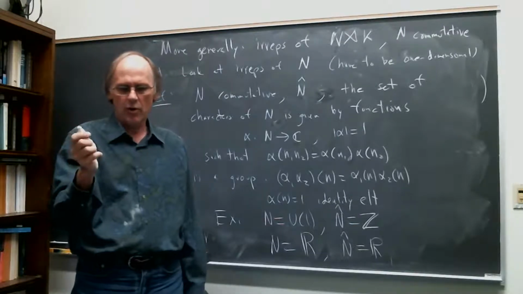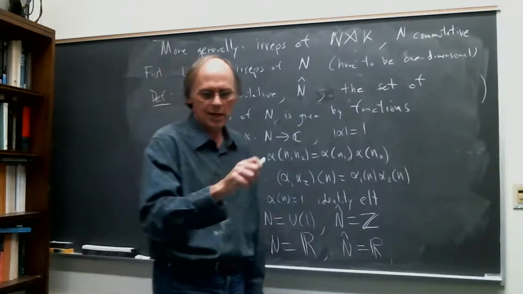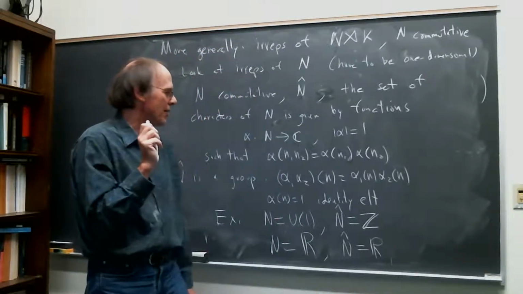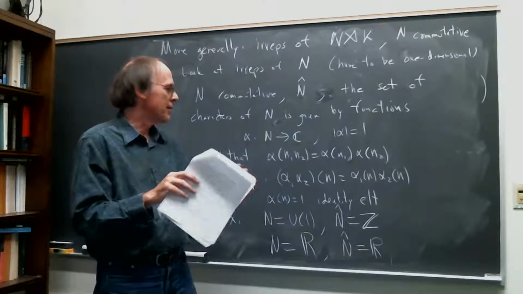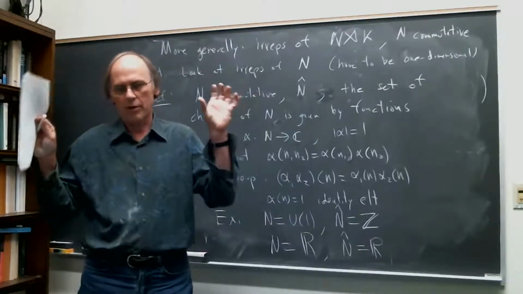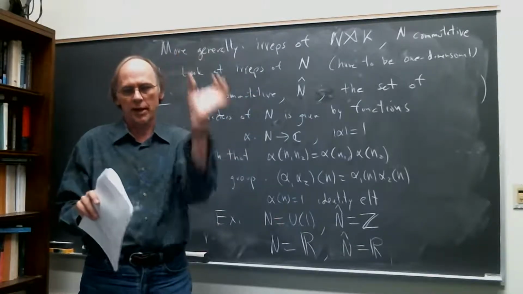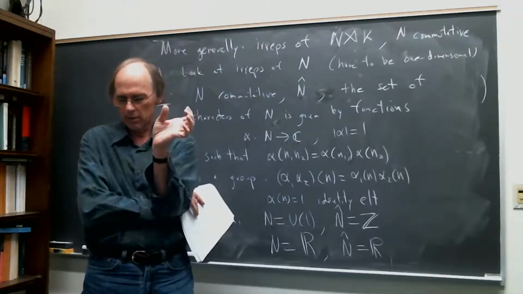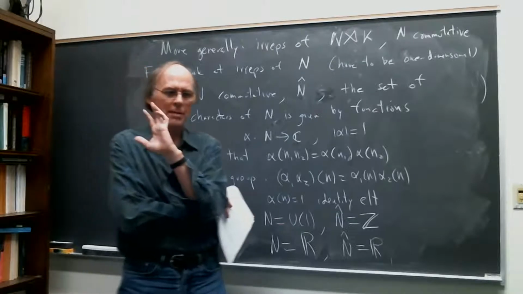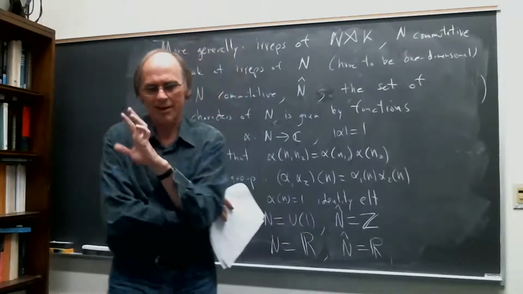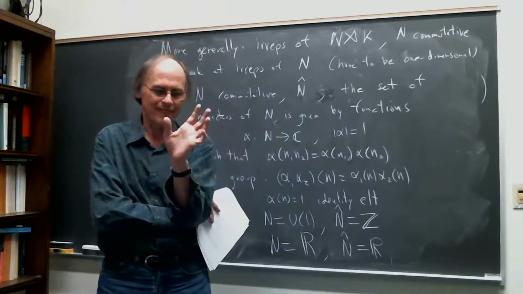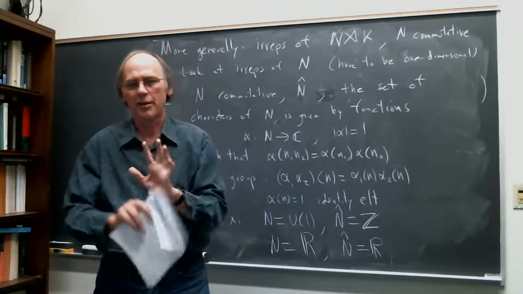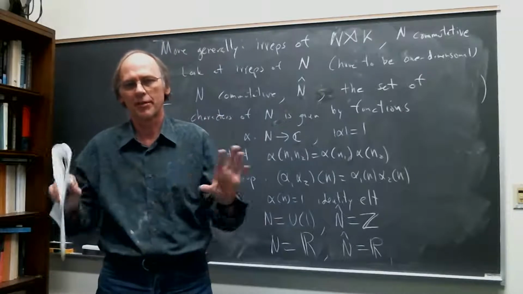The right way to say it is that there's a more general notion of the word character. It's better not to conflate them. They're really different uses of the word. There's some relation, but they're different uses of the word.